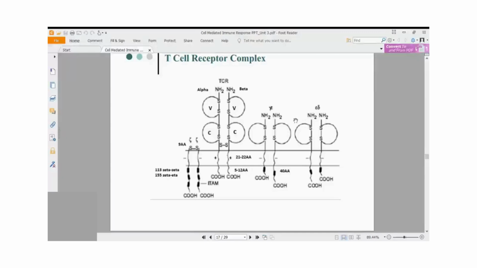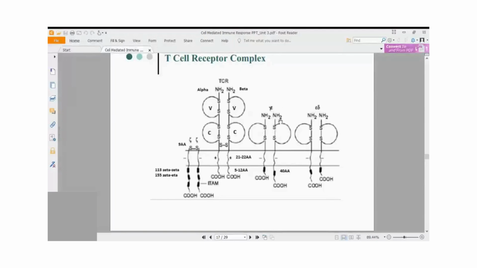The CD3 complex is made up of gamma epsilon and epsilon delta, which are also heterodimers, which are co-receptors.